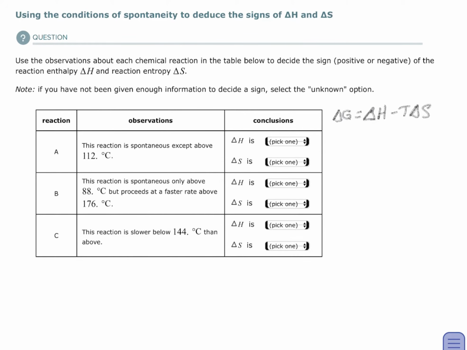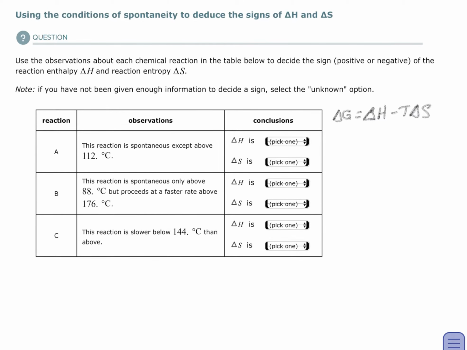So we know that delta G, the Gibbs free energy or the available energy, is equal to your enthalpy, which is delta H, minus the Kelvin temperature times the change in entropy, which is delta S. So I know that spontaneous means that I have a negative Gibbs energy.